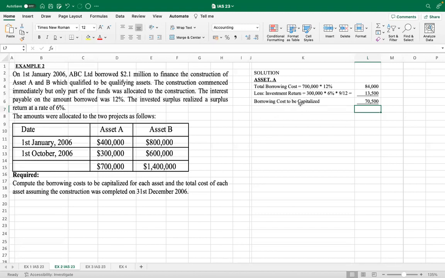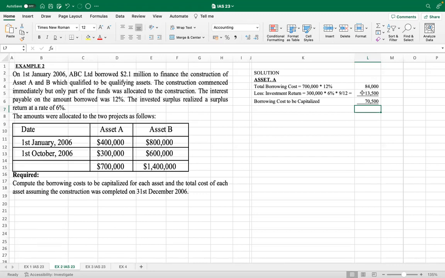I'm repeating for the sake of clarity. I'm in asset A, not asset B. The total amount borrowed for asset A was 700,000. The interest paid on it was 12%. So I took 700,000 times 12% to give you 84,000.